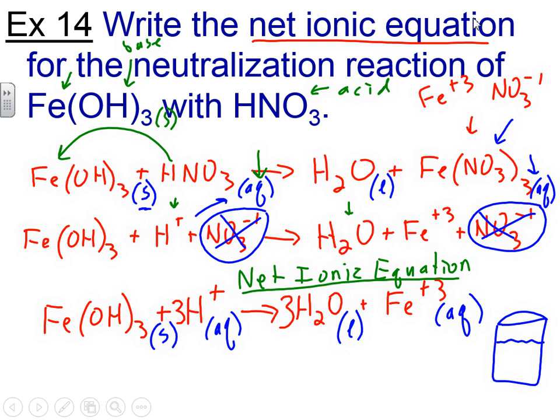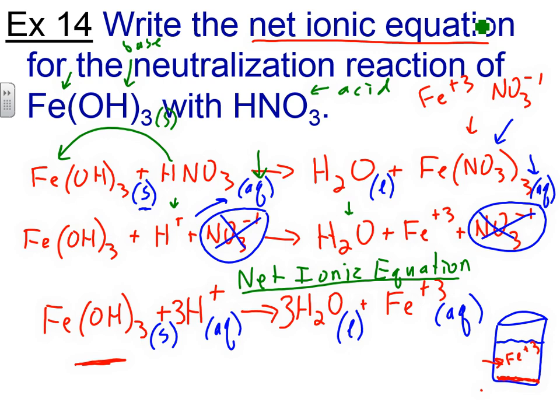So before the reaction, you would not see iron 3 ions, you'd see iron 3 hydroxide as a solid down here. But after the reaction, you'll actually see Fe plus 3 swimming around. And that's the whole point of showing this, is we're showing what really happened inside the beaker with a net ionic equation. The complete, or the molecular equation is really not what's happening in the beaker.